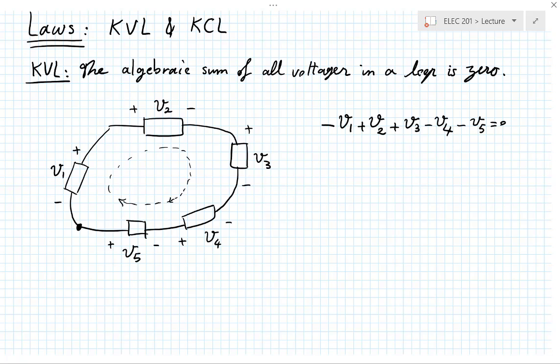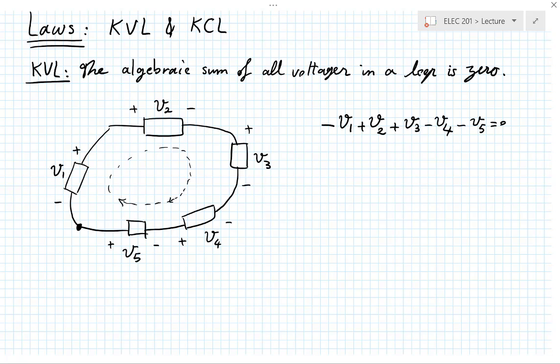A couple of things I want to emphasize. Again, remember, each of these voltages, V1 through V5, can be a positive or negative value. The fact that I have included these plus and minus signs here does not suggest anything, absolutely anything, about whether each of these is a positive or negative quantity.